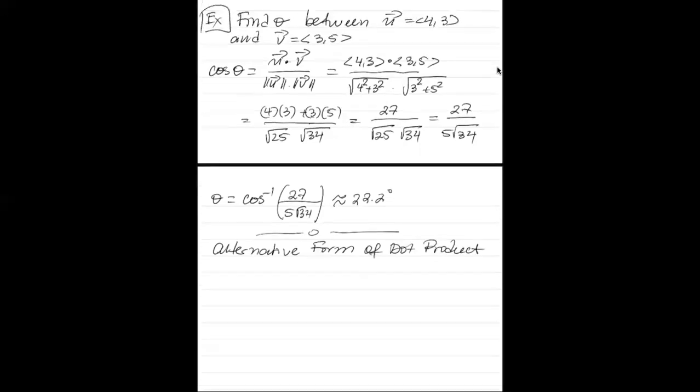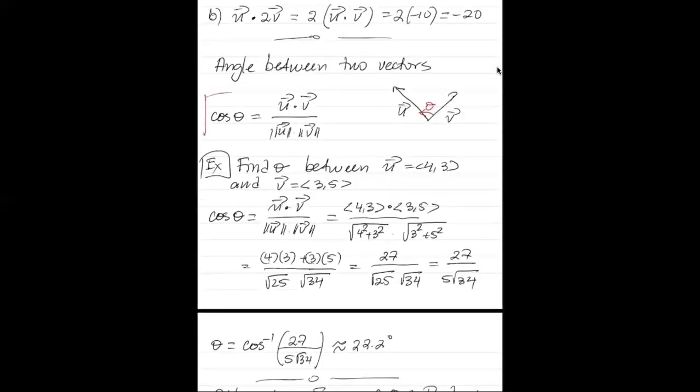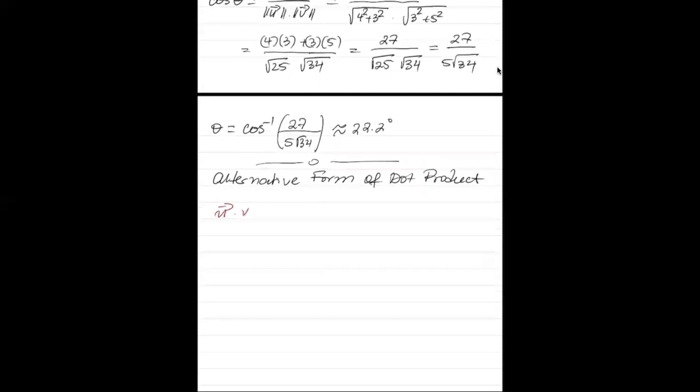That's the same formula that we have here for the angle between two vectors, but this time I'm going to write it as u dot v equals magnitude of u times magnitude of v times cosine of theta. Note that the magnitude of u is always positive, and the magnitude of v is always positive. So the sign of cosine will determine the sign of the dot product.